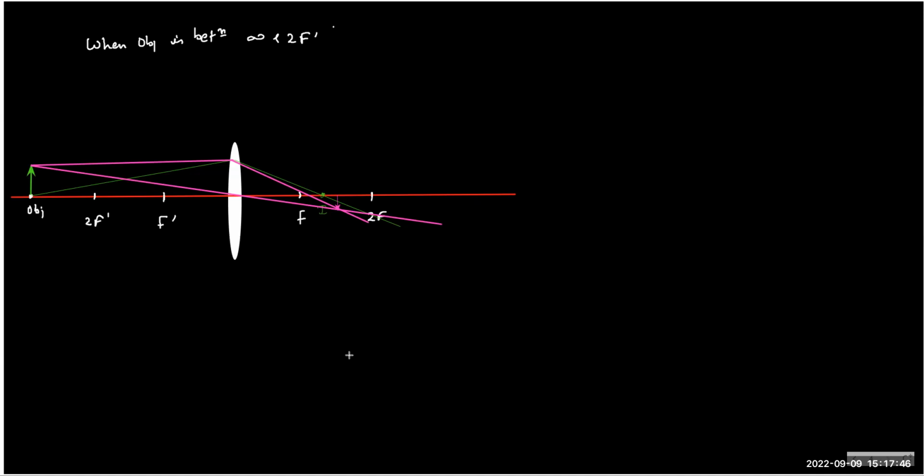This is a diverging beam, and they get focused somewhere there. It will focus exactly below this point. So if I call the object AB, we call this A dash B dash.